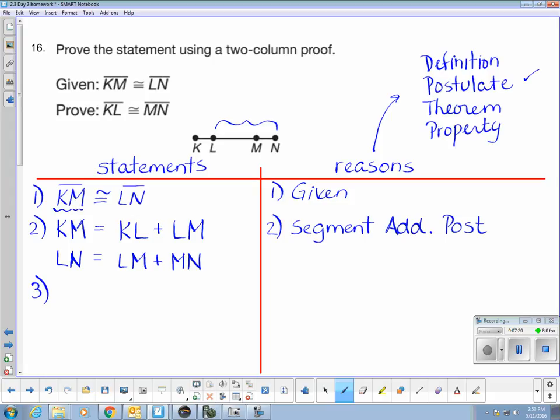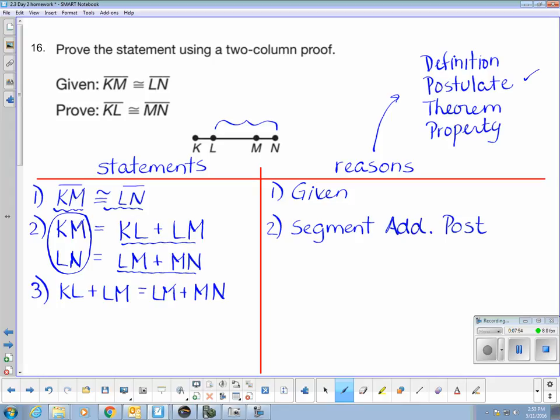Because KM is congruent to LN, I can now say that KM, which is made up of KL plus LM, is equal to LN, which is made up of LM plus MN.